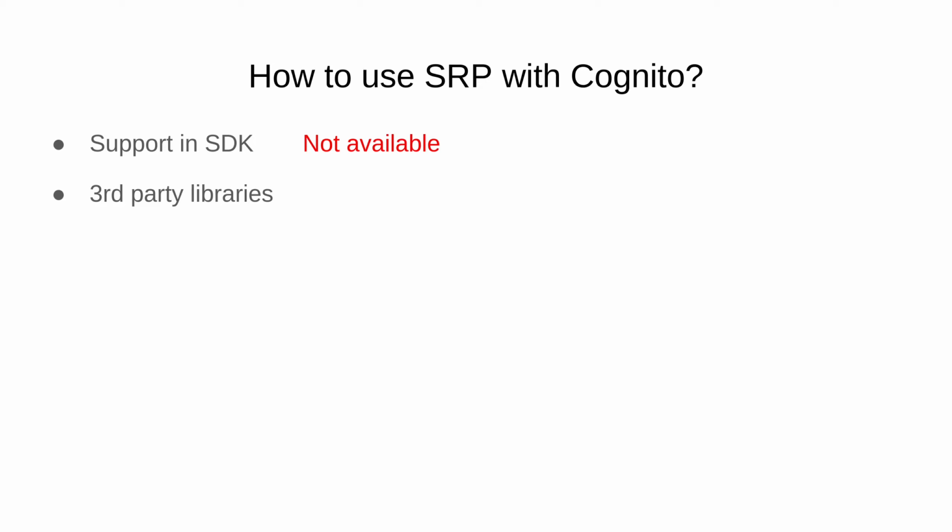then clearly there must be third-party libraries that are already supporting this specific protocol, right? And the problem is that SRP in Cognito is not a standard SRP. So yes, it's called Secure Remote Password, but it's not the RFC 5054 standard, which is the current one, the so-called SRP 6A standard.